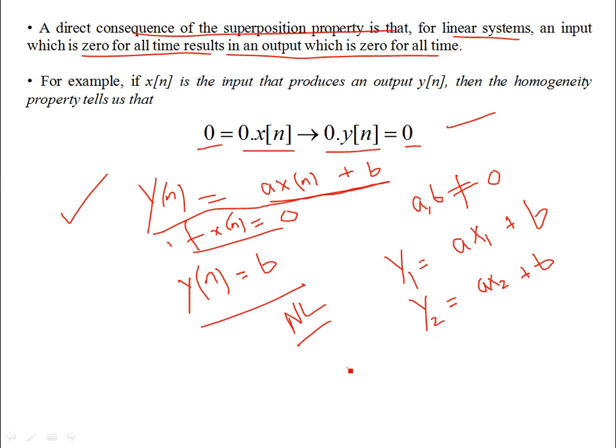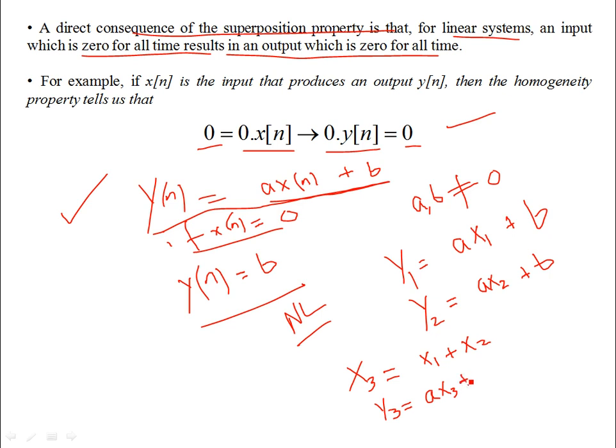Now what I do is I create a third input. This third input is the superposition of two inputs. So I'm just trying the additivity property, without any scalars. So x3 is x1 plus x2. Look what happens. y3 is, by definition, a x3 plus b.